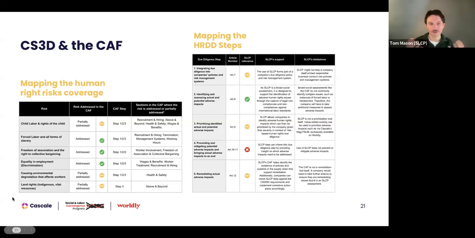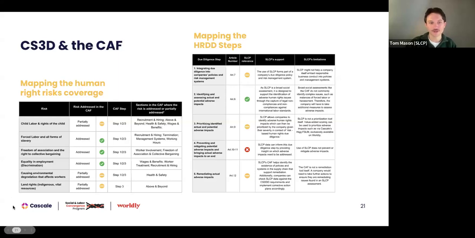And an example we could give here is if you're a manufacturer and there's discrimination of workers in the facility, this is something that needs to be addressed in the context of human rights due diligence and the CSDDD. So with the CAF, there are questions in the CAF around discrimination. So the CAF could be used as a tool for understanding this risk, and then you would need to go on and cease, prevent, and mitigate those adverse impacts.